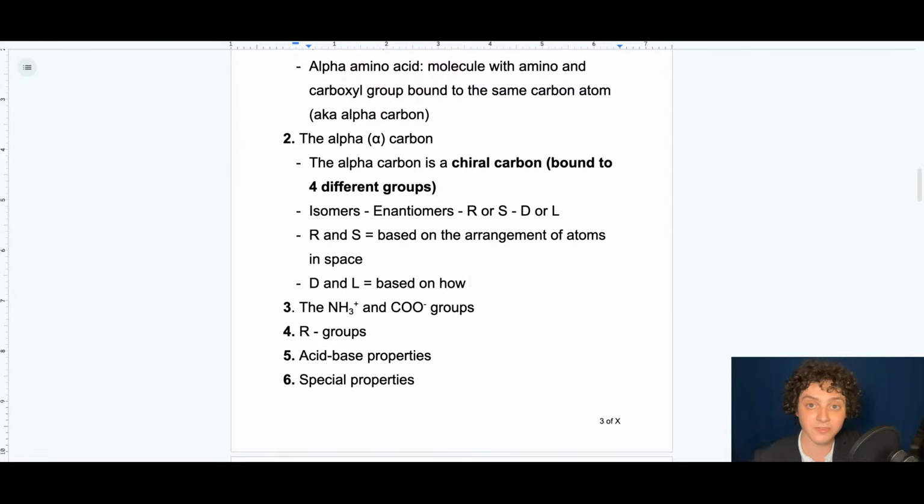And for the purposes of the MCAT exam, I recommend memorizing which ones they are for amino acids rather than figuring it out every time you see that molecule depicted somehow.